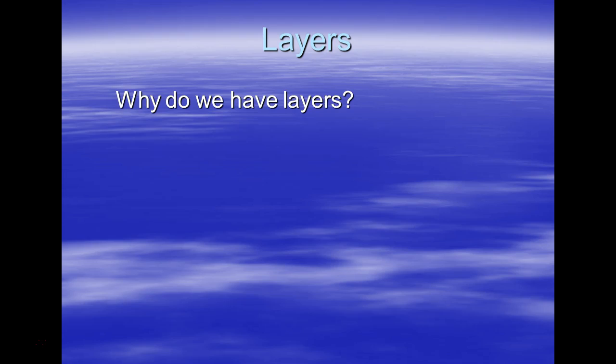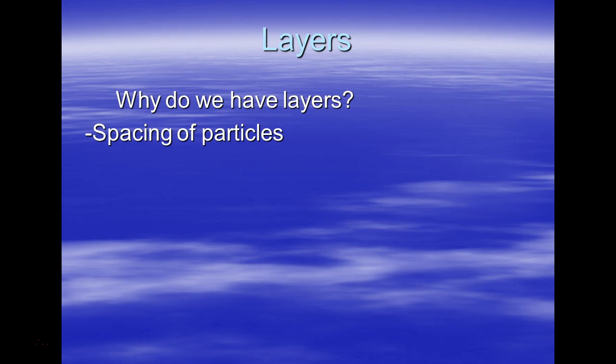But I'm actually more interested in why do we have layers in the first place, right? Why did scientists get together and decide, hey, we should probably distinguish these layers, and what makes them different from all the others? So that's the driving question. It's not so much as label them as why can we distinguish between the layers, okay?